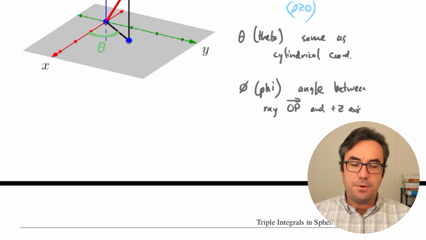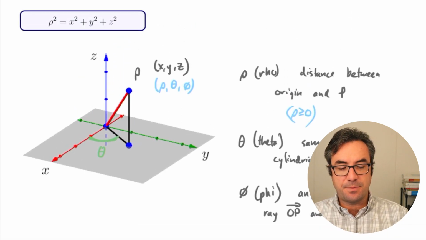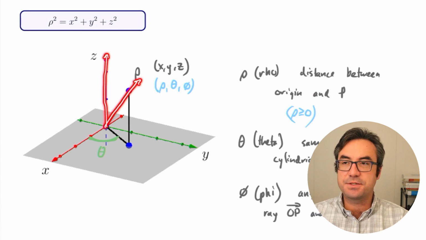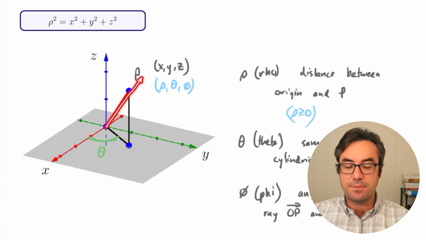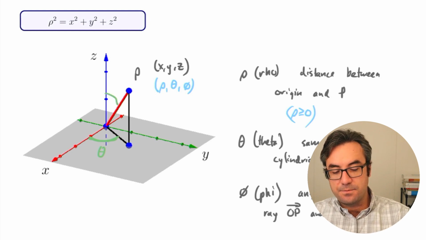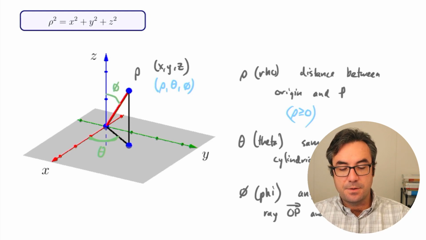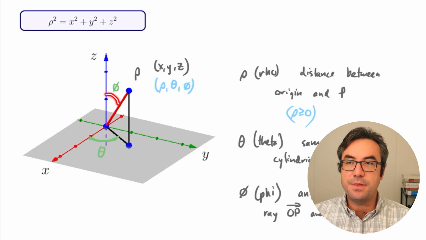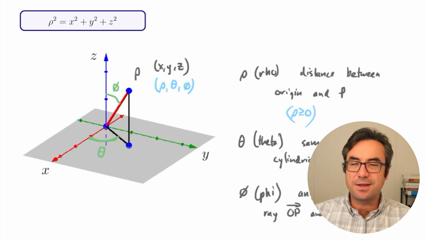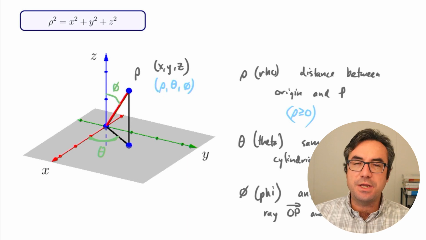All right, so let's look at where that is. Here's our positive z-axis, and then the ray starting at the origin and going through our point P, and phi is this angle here. So these two angles give us the direction, and then rho tells us how far we go in that direction.